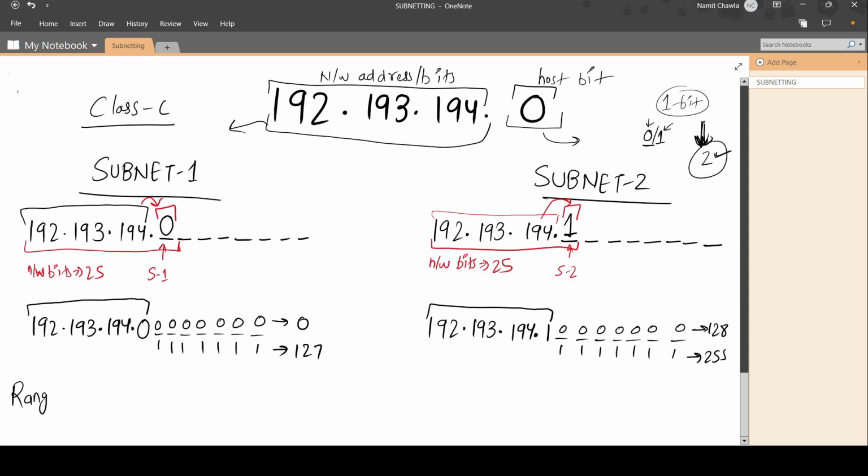Okay, so the first thing that I got is the range of subnet. Okay, what is this range? It is 192.193.194.0 to 192.193.194.127.